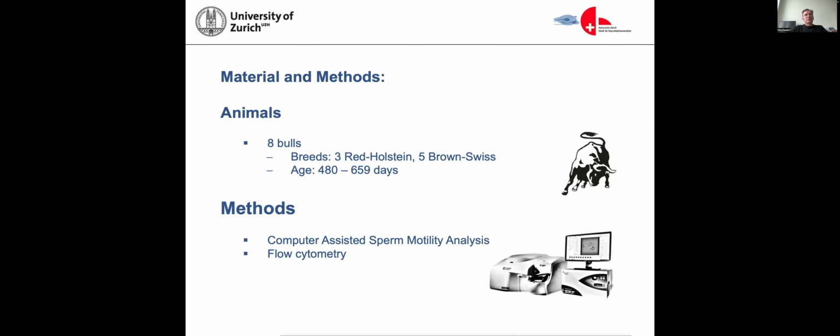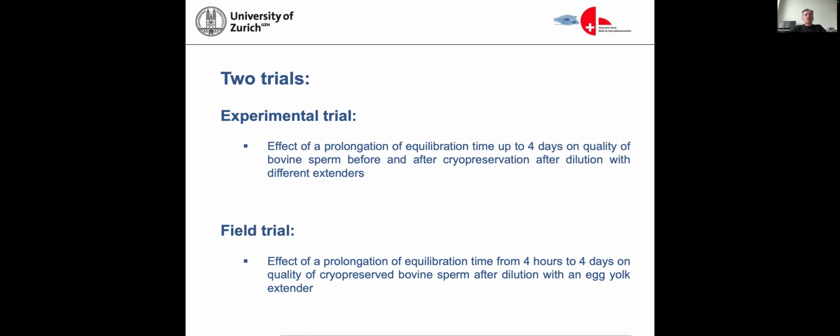So we used 8 bulls of different ages, using a CASA system to examine motility and flow cytometry. And we did 2 trials. At first, we examined the effect of prolonging the equilibration time up to 4 days on the sperm quality before and after cryopreservation.